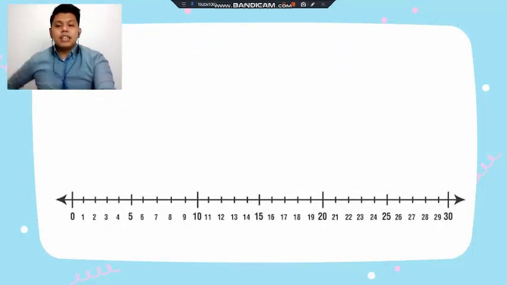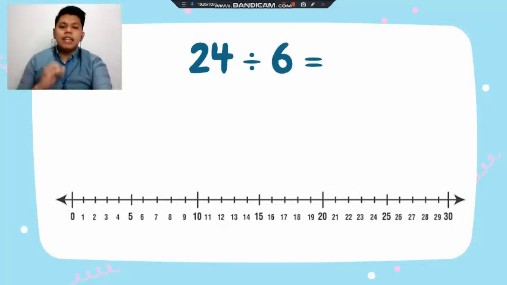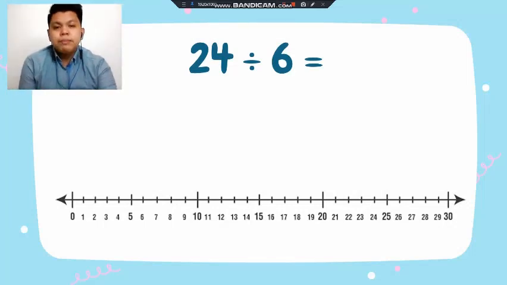Now, I have here the number line of 0 to 30. Let's divide 24 divided by 6. Again, your target number is 24 and your equal jumps is 6.